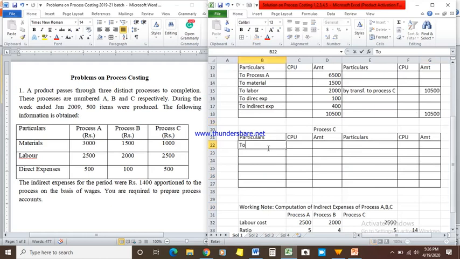Now when we move on to process C, again first we need to bring down the material transferred from process B. So process C account debit to process B account, that is 10,500.